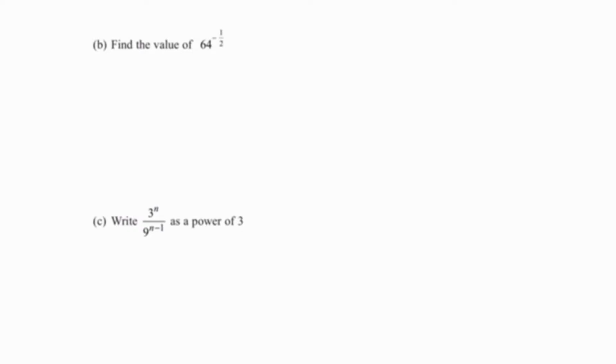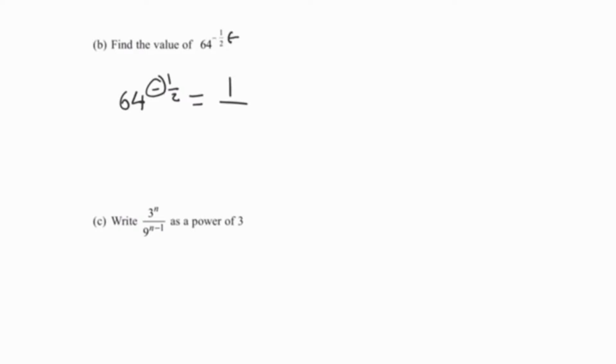So what we do here is we notice that we have two things. We have a fractional power and a negative power. So we deal with them one at a time. First of all, let's write it like this. 64 to the power of -1/2 is equal to. First, let's deal with the negative power. What does a negative power do? Well, it just makes you get 1 over that number.